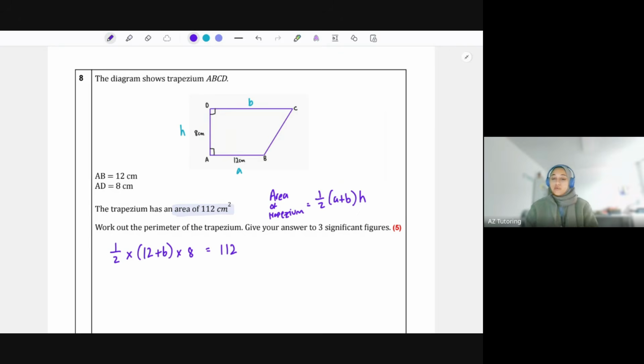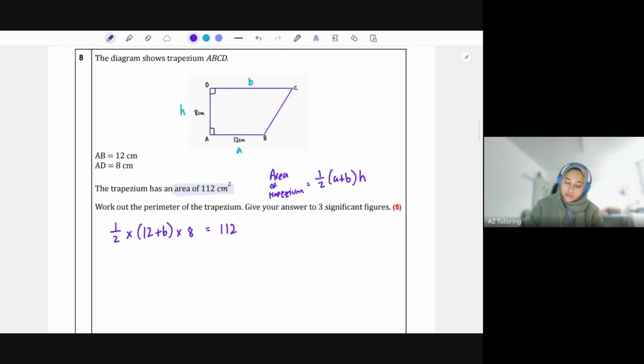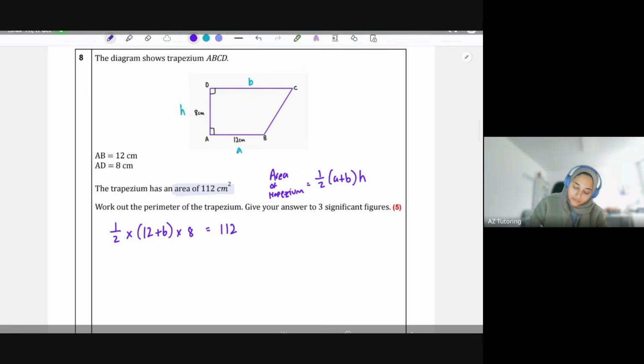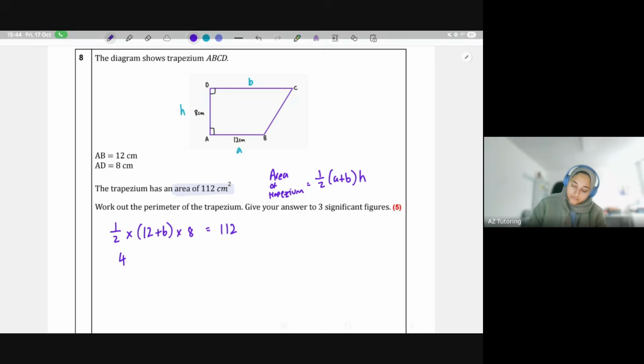So we're just going to solve this equation to find B now. A half times 8 is 4. So 4 times 12 plus B equals 112. To take the 4 over to the other side, the opposite of times is divide. So 12 plus B equals 112 divided by 4, which gives me 28.